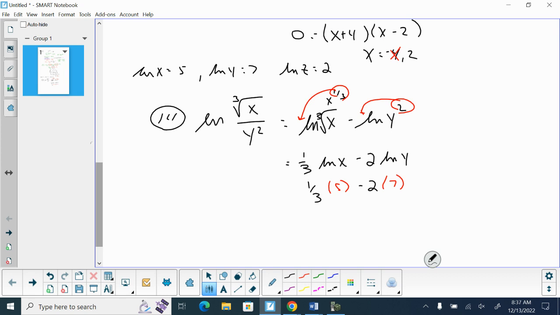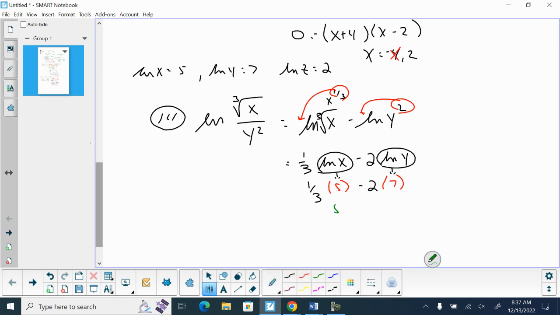When we have the ln of y there, they like to make that minus 2 times the ln of 7. They just put 7 in for y, and 1/3 times the ln of 5, which is incorrect. This ln of x is given to us as a value of 5. This ln of y is given to us as a value of 7.